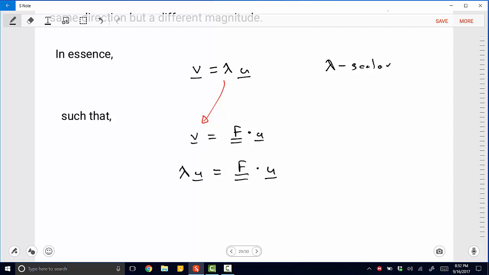So there's this scalar quantity in our vector u, which is related to our tensor dot product our vector, right?